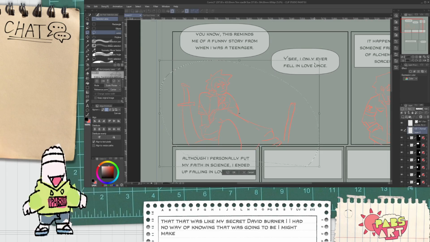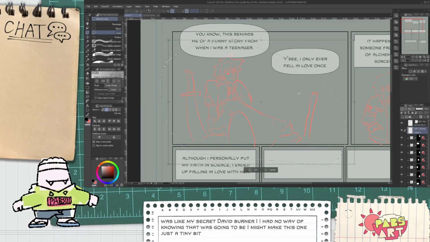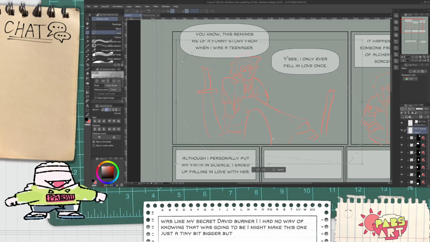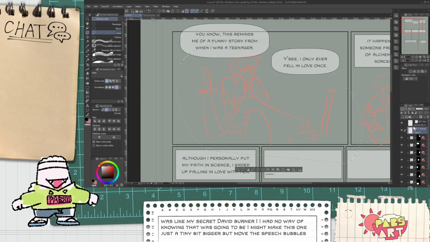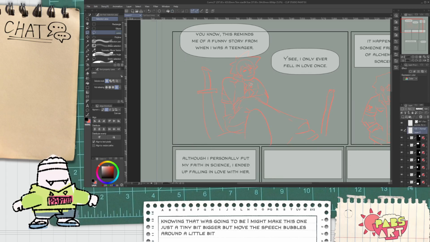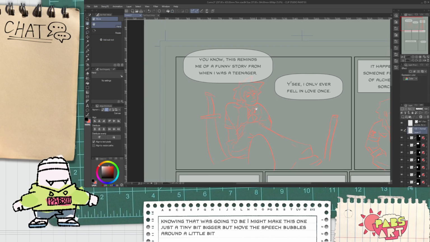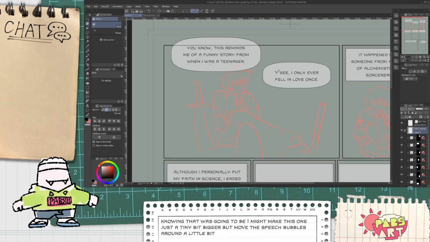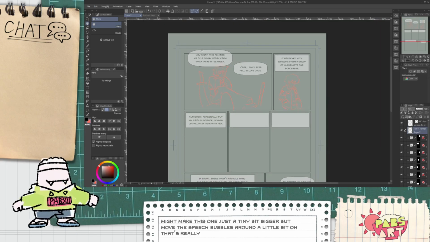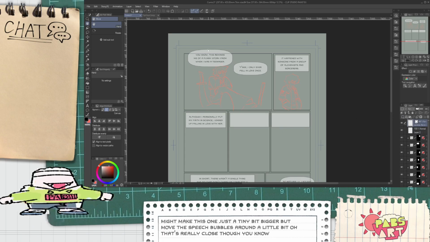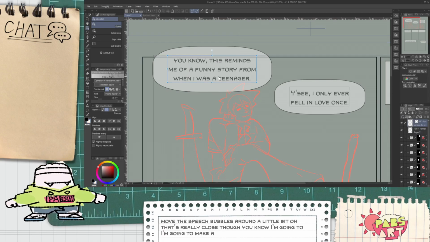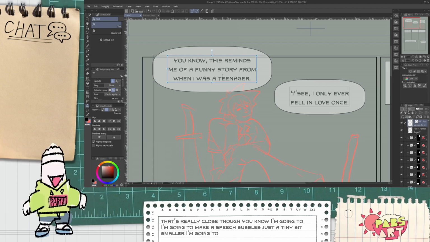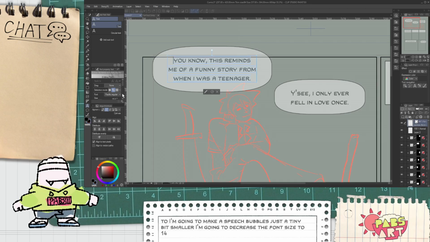I might make this one just a tiny bit bigger, but move the speech bubbles around a little bit. Ooh, that's really close though. Yeah, no, I'm gonna make the speech bubbles just a tiny bit smaller. I'm gonna decrease the font size to 14.